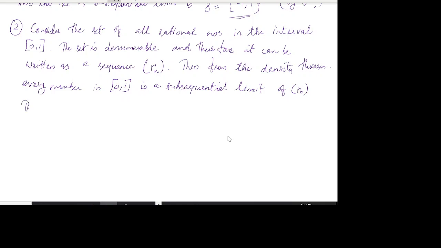Thus, we have that our S is nothing but the closed interval [0, 1].